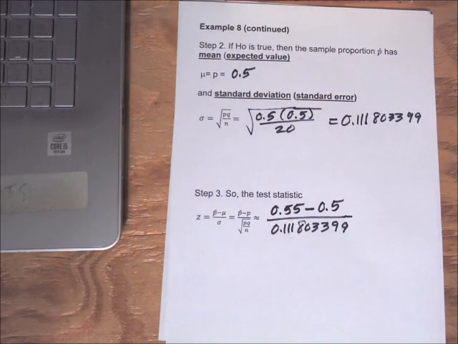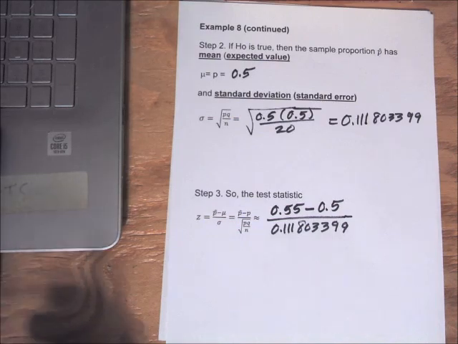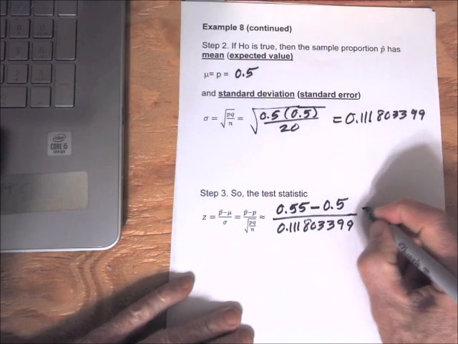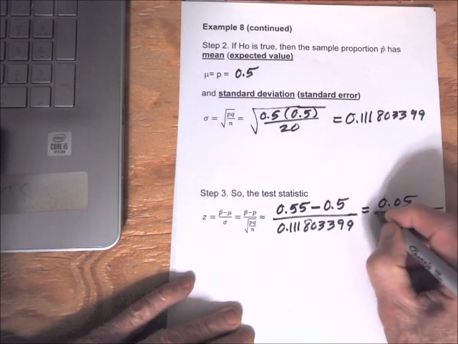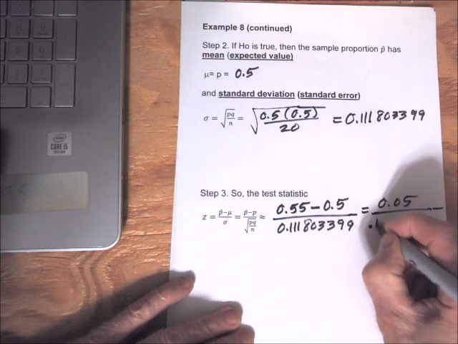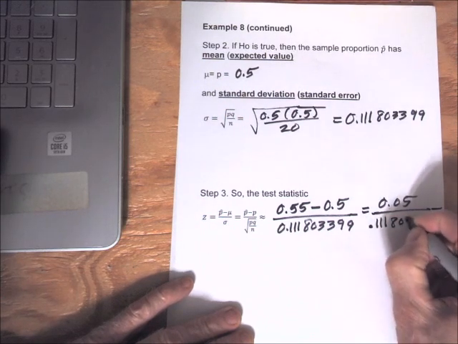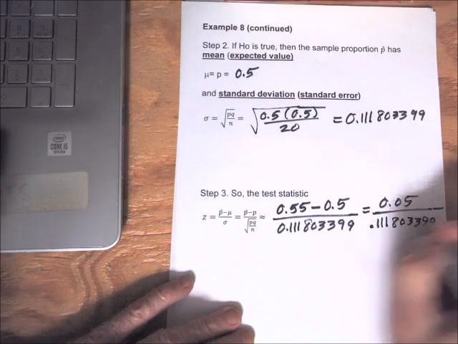Okay, so we have to do the numerator first because the subtraction comes before a division bar that goes all the way across underneath it. So it's 0.55 minus 0.5, and that equals 0.05. And then we can divide by the denominator, 0.111803399.